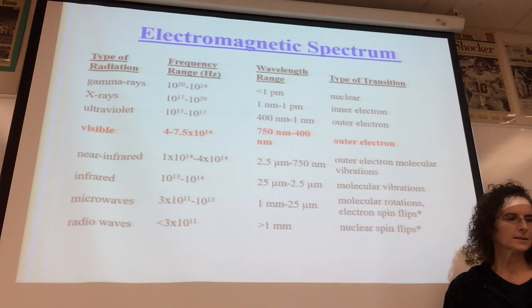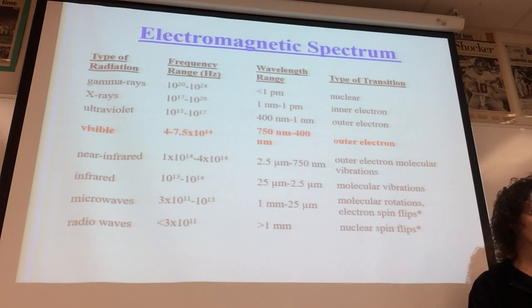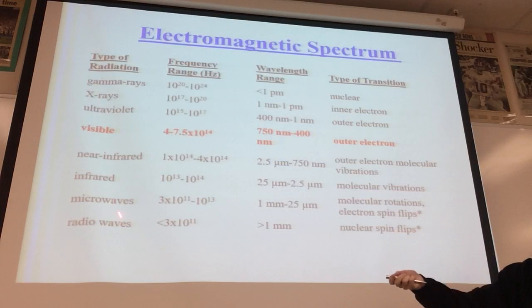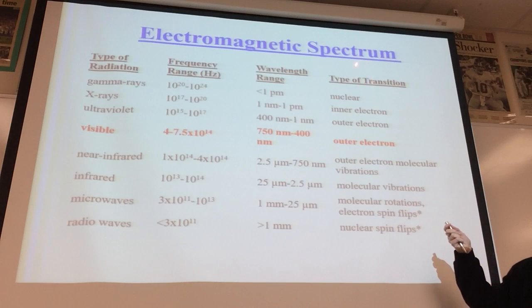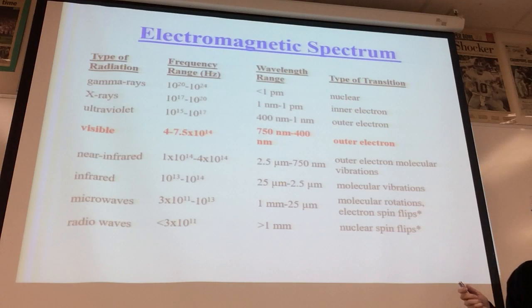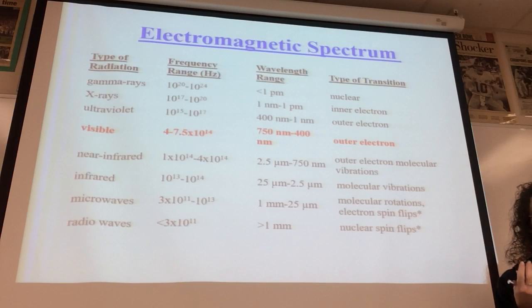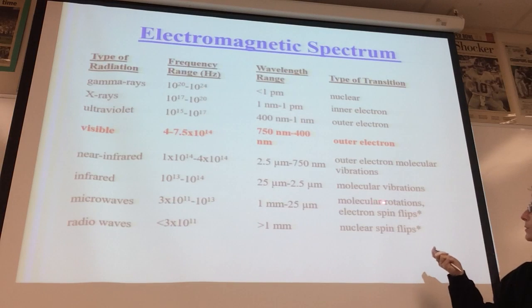This also goes back to something that we talked about previously. The types of radiation are indicated on the left, their frequency, their wavelength ranges, and then the type of transition. And you probably recall that microwaves are molecular rotations, because we talked about how the microwave plate rotates, and you can get the molecular rotations as opposed to the vibrations that we looked at previously.